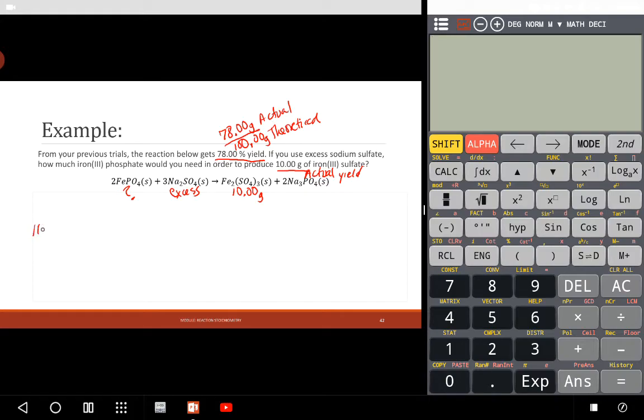So if we have our 10.00 grams, we're going to have to cancel out our actual yield and get into our theoretical yield. So that's our percent yield as a conversion factor.